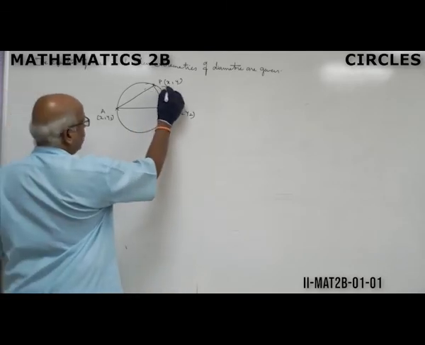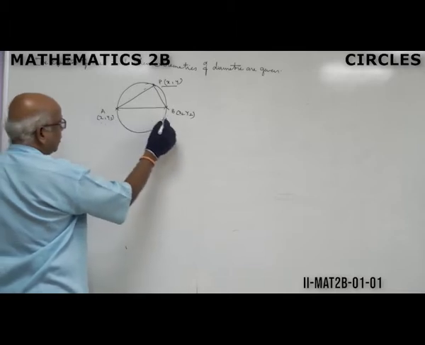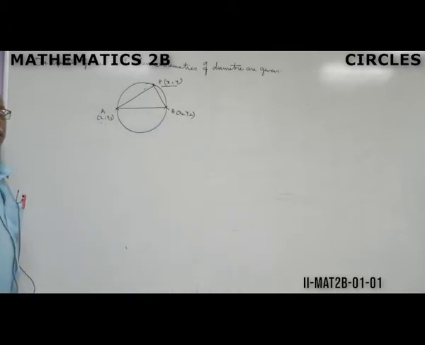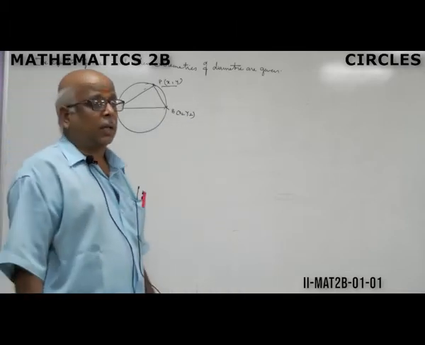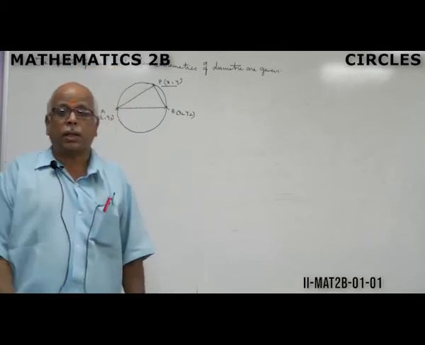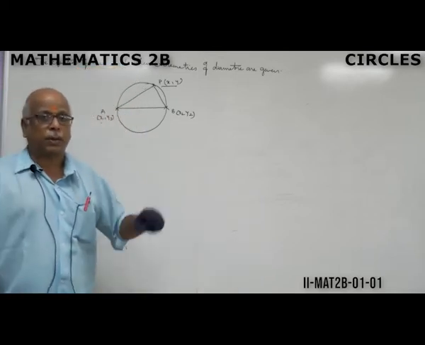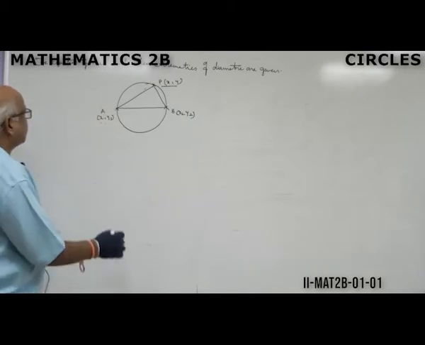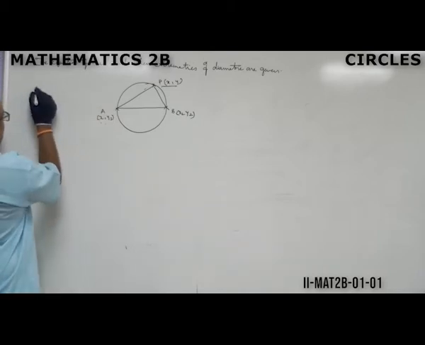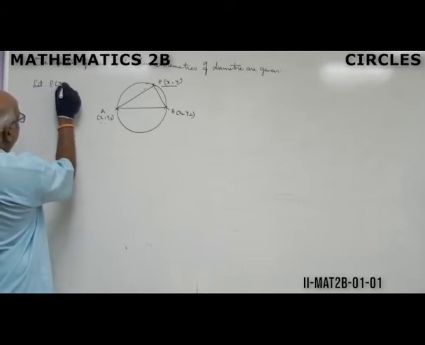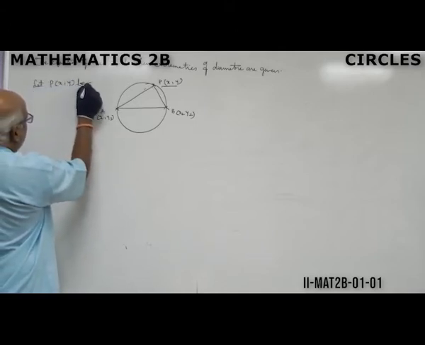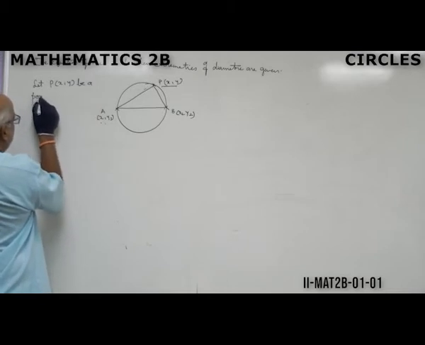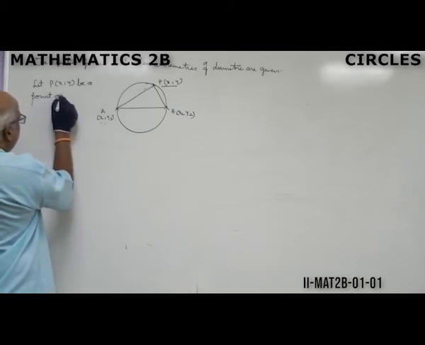P(x, y) is a point, and we assume A(x1, y1), B(x2, y2) are the given coordinates of the extremities of the diameter. In that case, how to find it? Here, let P(x, y) be a point on the circle.